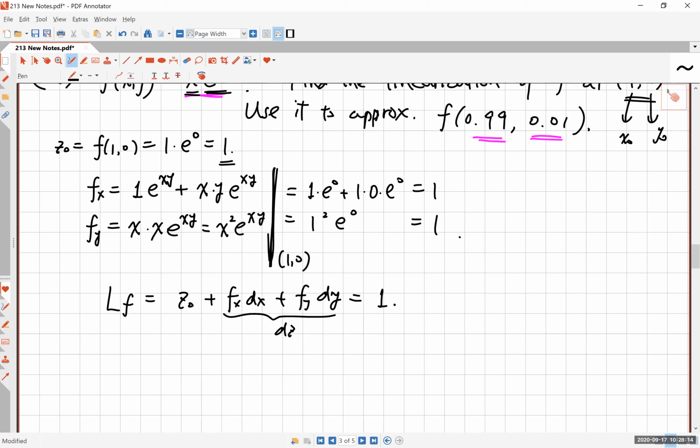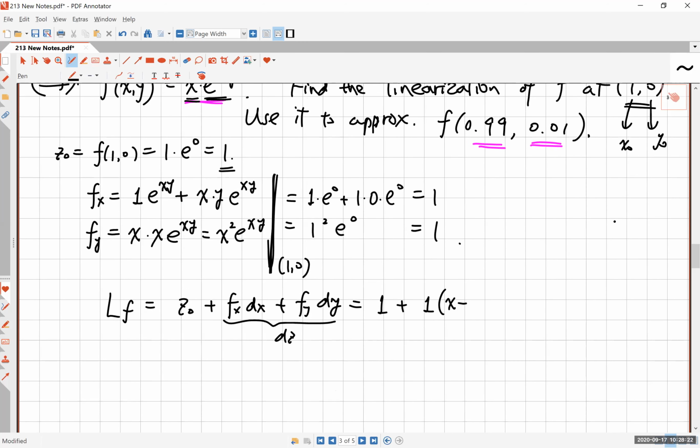You got a bunch of 1s in this problem here, unfortunately. That times 1 times dx. Now dx is x minus x naught, and x naught happens to be 1, another 1. And then fy is 1, and then dy is y minus y naught, which is 0, okay?